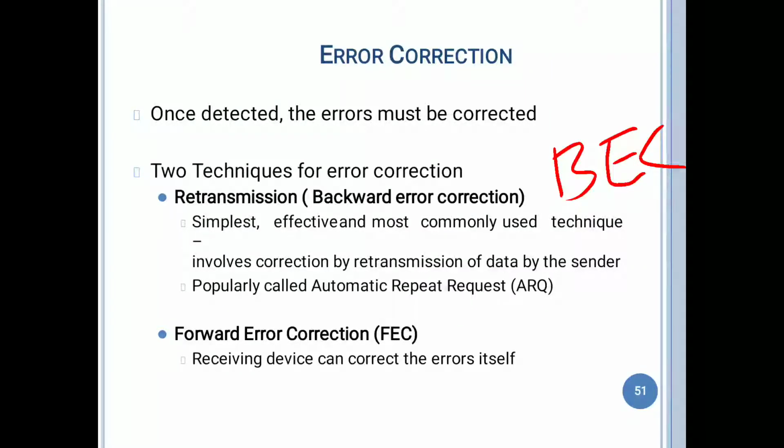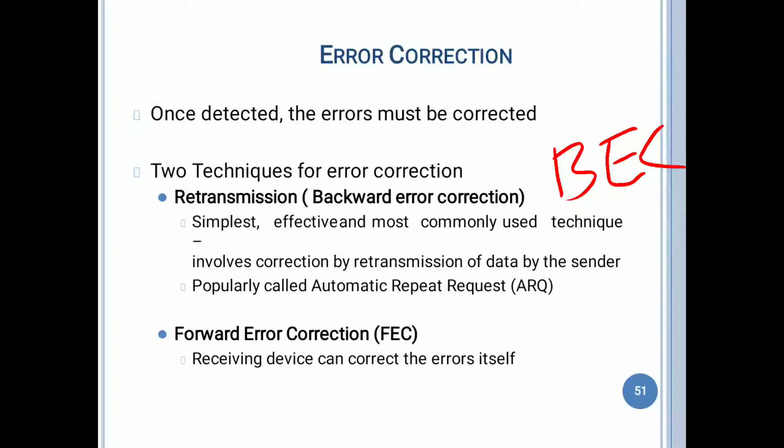So acknowledgement and negative acknowledgement. Negative acknowledgement is used when the data is lost, meaning not received by the receiver, or in the other case, if any errors are detected. If any errors are detected at the receiver side, the receiver simply sends a negative acknowledgement to the sender.